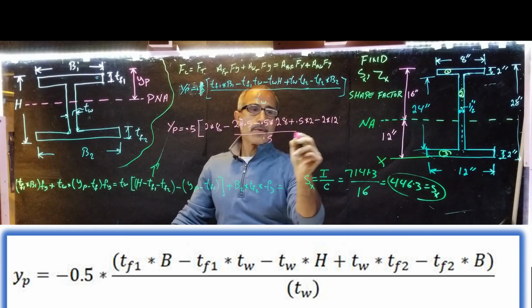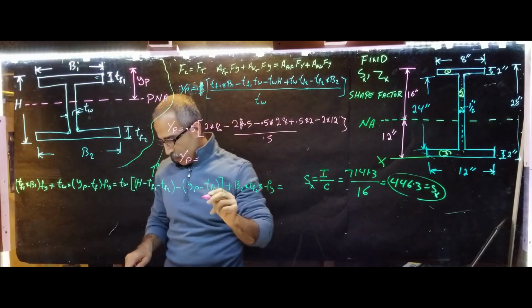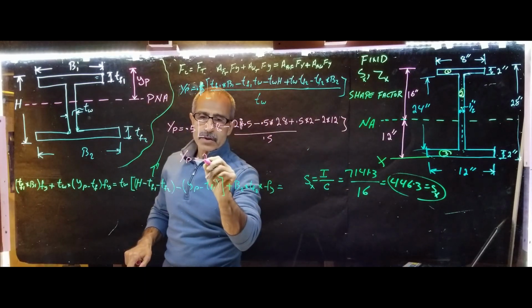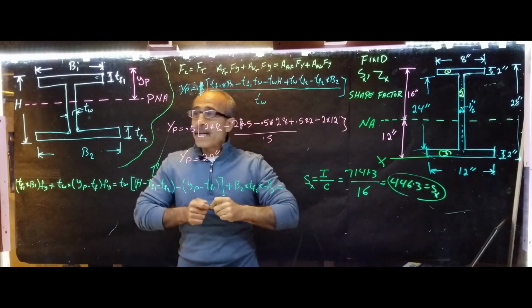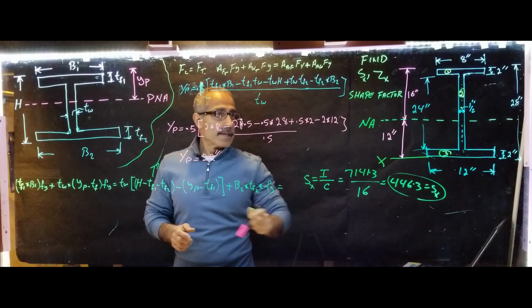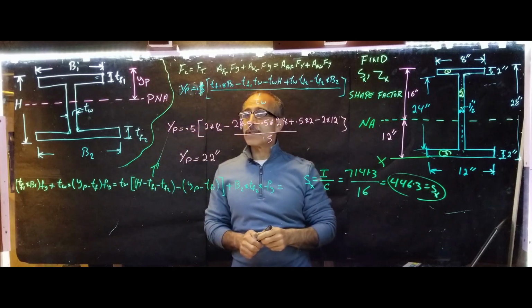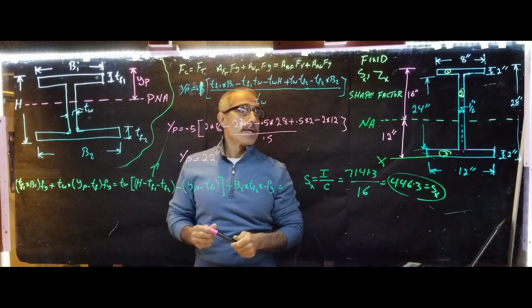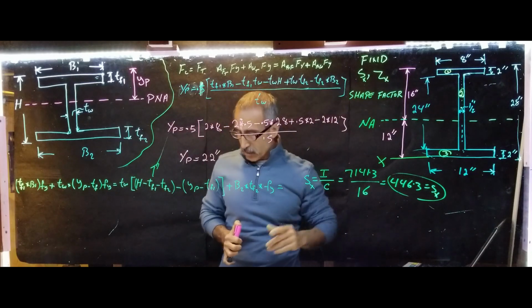Divide the whole thing by 0.5, and Yp comes out to 22 inches. Okay. So now my plastic range is going to come out to, I'm going to go ahead and erase this, and I'm just going to go to the plastic zone here.